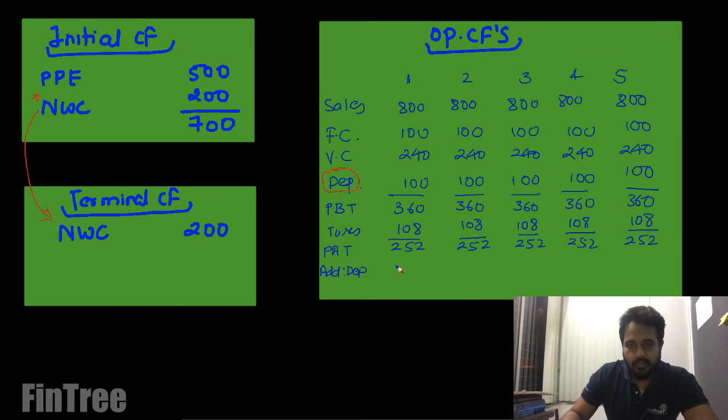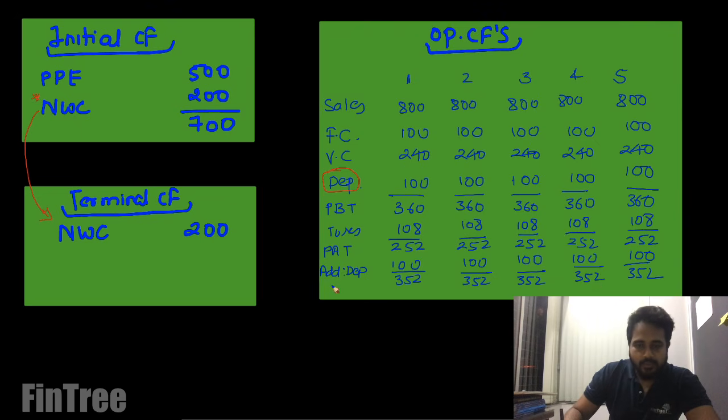How much is that? 100 for each of the year, 100, 100, 100, 100, and then I will have 352, 352, 352, 352 and 352. This is called CFAT, cash flow after taxes.